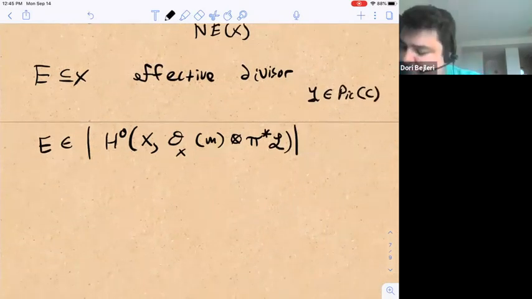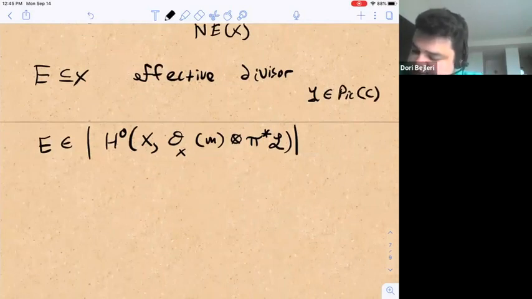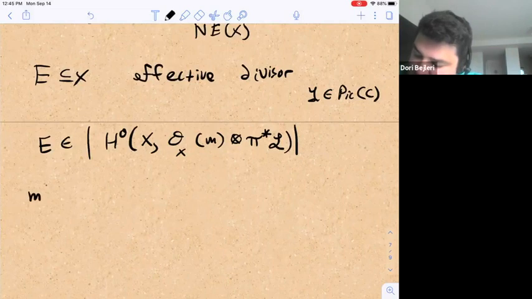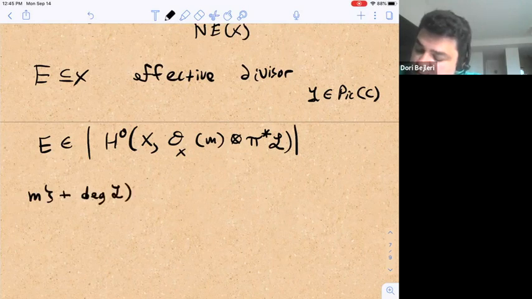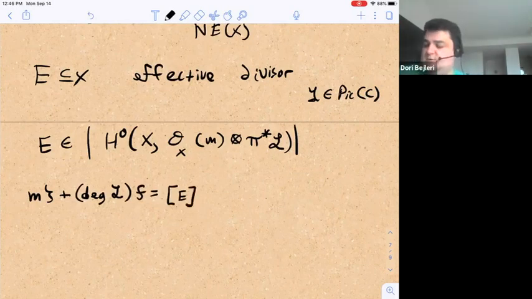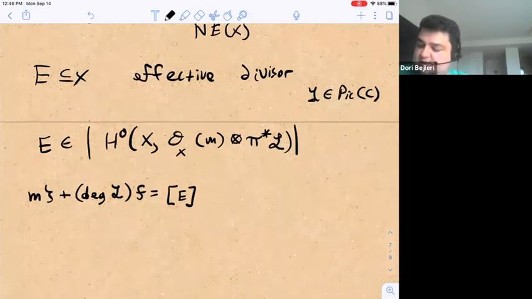So first, if E is in this vanishing, then what's its class? Its class has to be of the form M psi plus degree of L fiber. That's the numerical class of E, just from the definition of the F class and the psi class on our X.